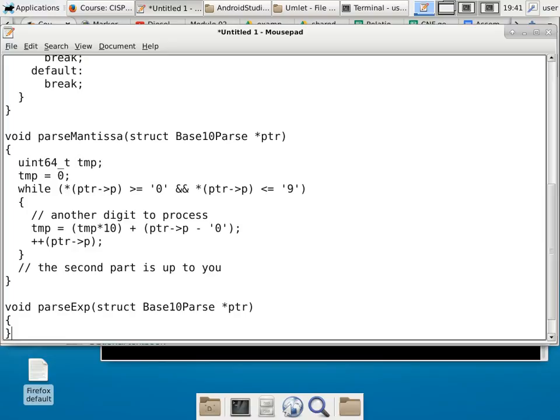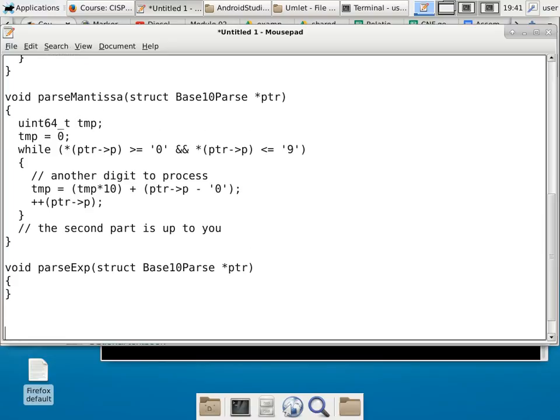Oh, that's right. I said that I would explain the overall strategy of the conversion. Basically, you start with some kind of value. I'm going to use v to denote that value here. It has three components: a sign, a mantissa, and an exponent in base 10.